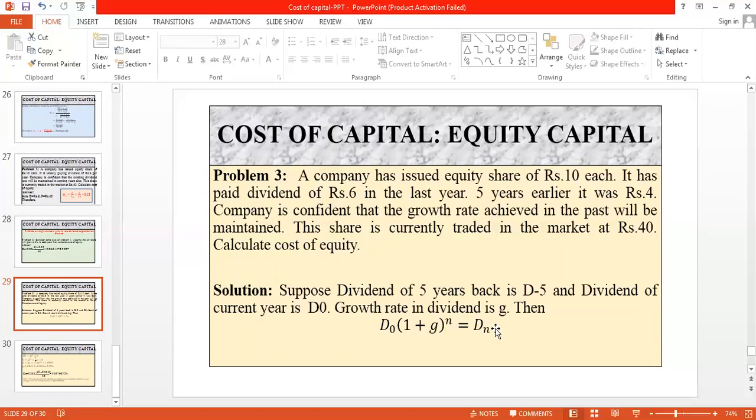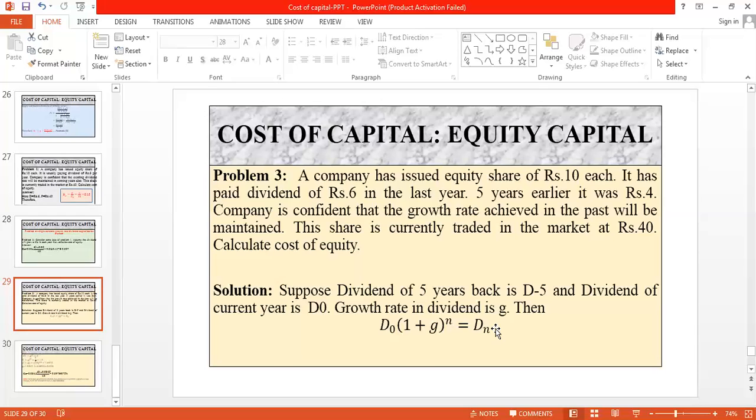Sometimes the dividend growth rate is not given. Then the question is how you will get the growth rate. In that case, in the problem, there will be some dividend figures given from the past. On the basis of that, you have to calculate what the trend of the dividend growth rate was on average in the past, and you have to assume that this growth rate will be maintained in future also.